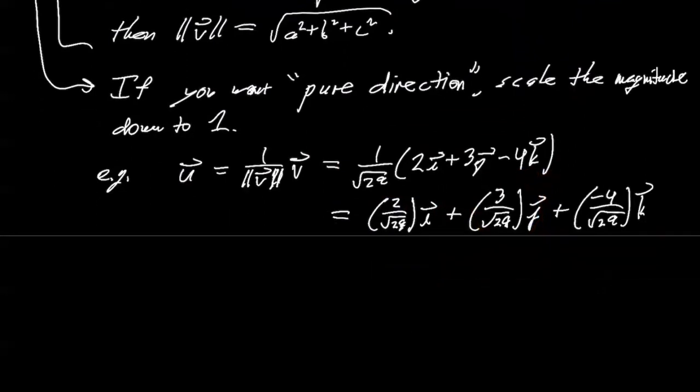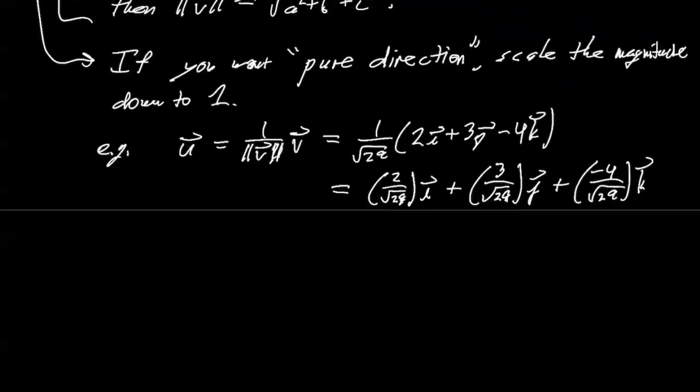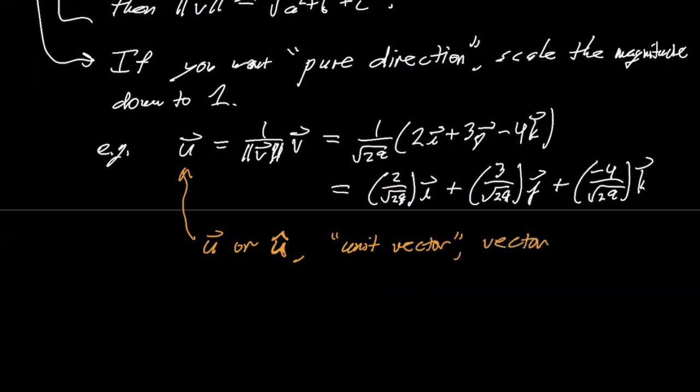The reason we tend to use u is that u stands for unit vector, which is what we call a vector of length 1. Some books use u hat for vectors of length 1. This is a unit vector, which is a vector of length 1.